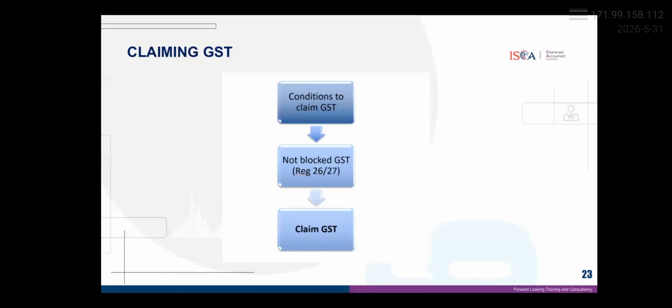If you check that box, you then move on to ask yourself, look, there's a list of transactions that is specifically blocked for GST claim under Regulation 26 and 27. Does my transaction here fall within the listed transactions? Assuming it is not blocked, it's not described in the list, then you proceed to claim the GST back from the Inland Revenue. And that's how straightforward the claiming of GST is.